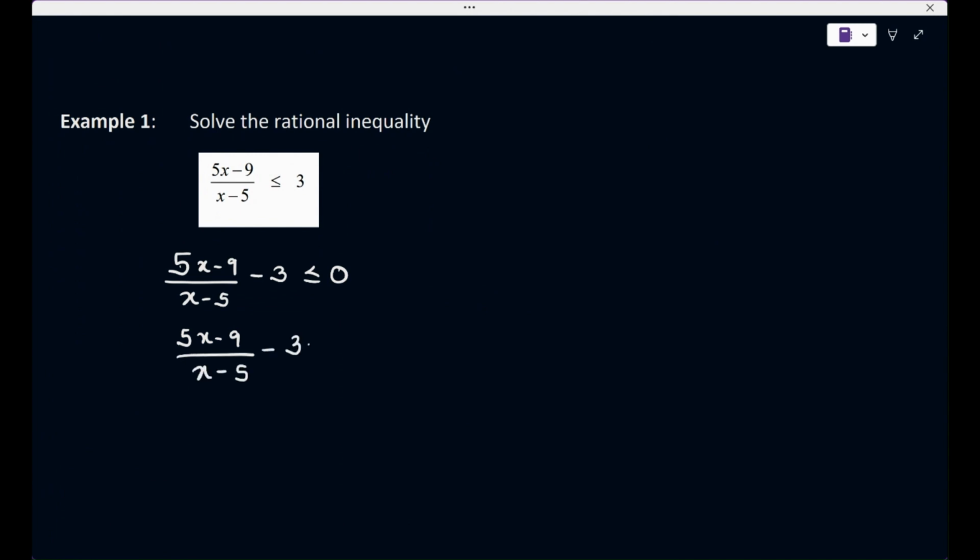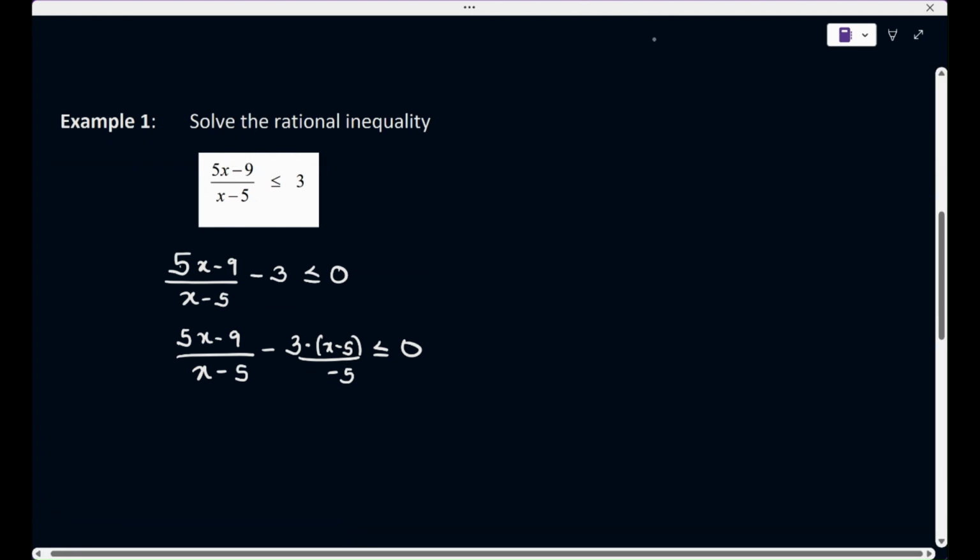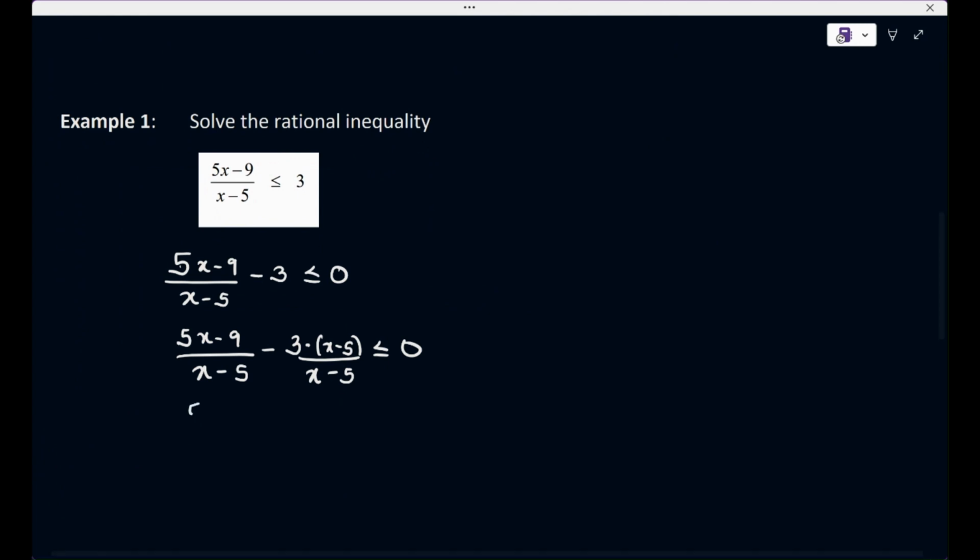We multiply the 3 by x minus 5, so that we make the denominator the same on this side. Here we are just multiplying by x minus 5, which is like multiplying by 1. Now we have the same denominator, so this will be 5x minus 9 minus 3x plus 15 over x minus 5, less than or equal to 0.